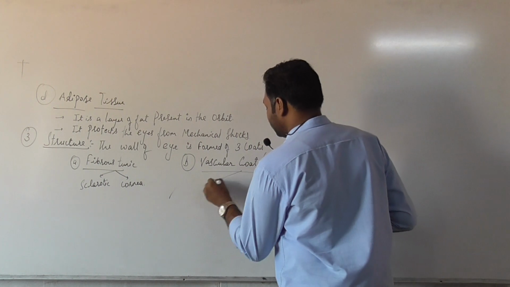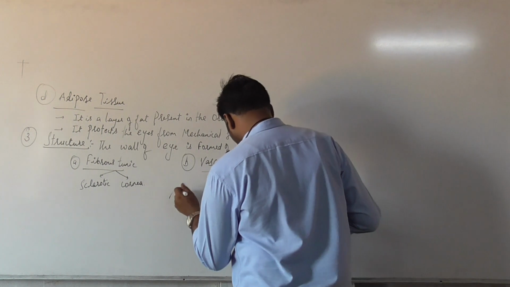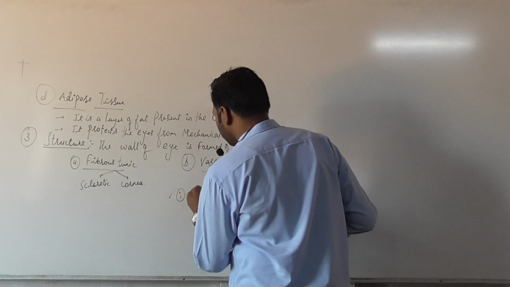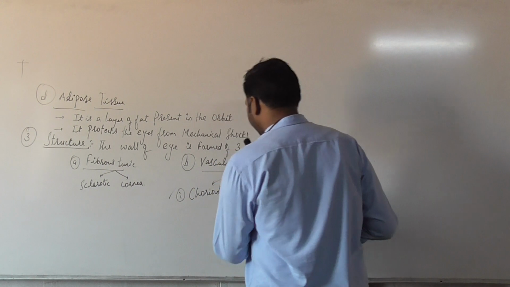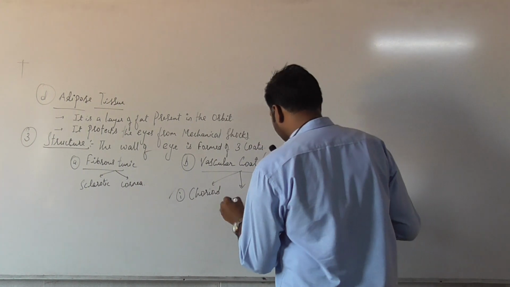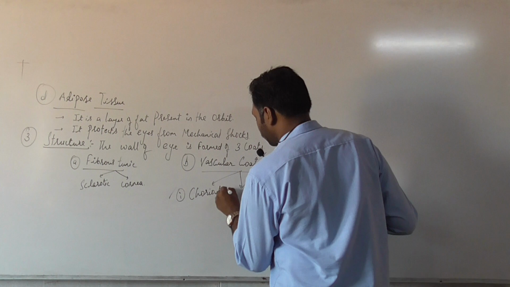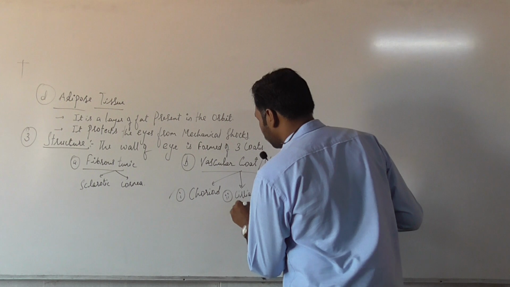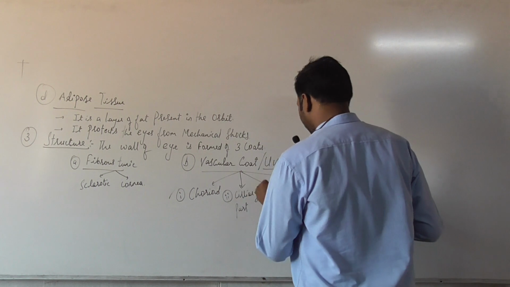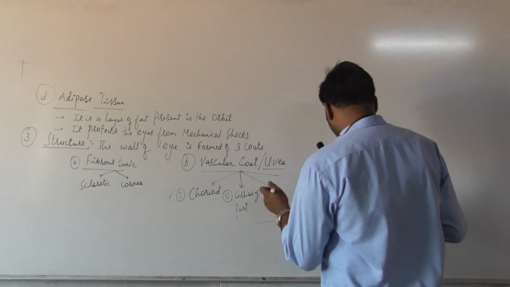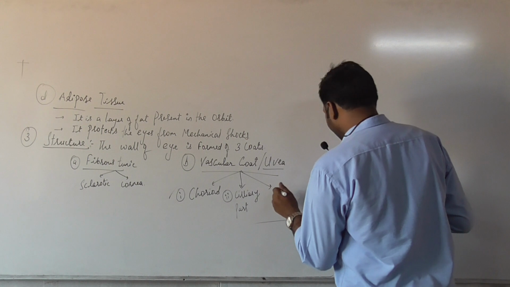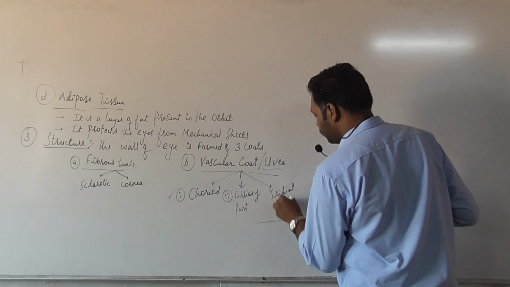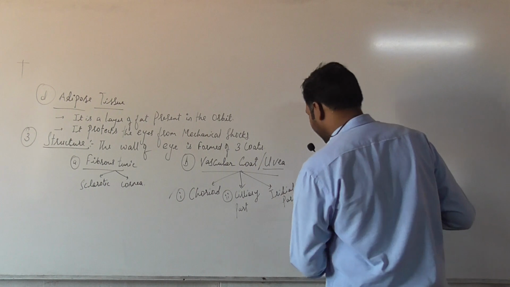The first one is the chorioid, second is the ciliary part, and third is the iridial part.